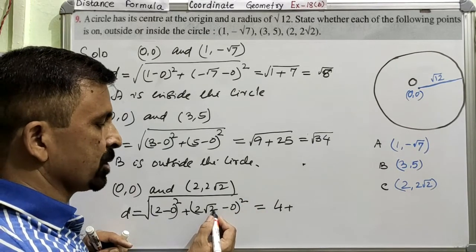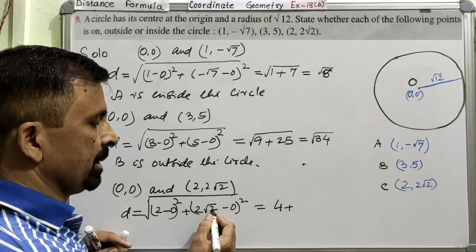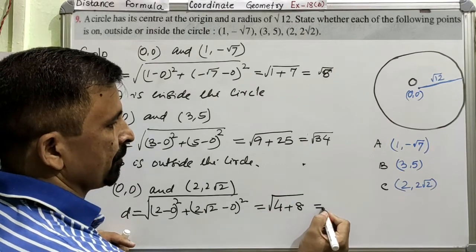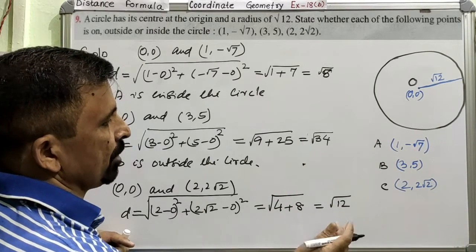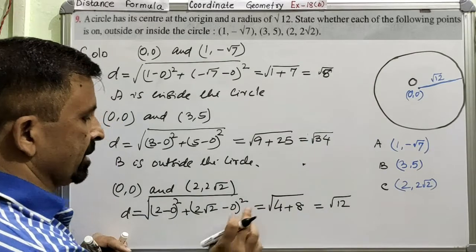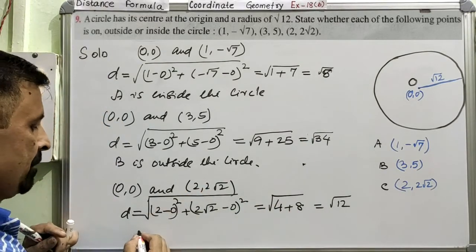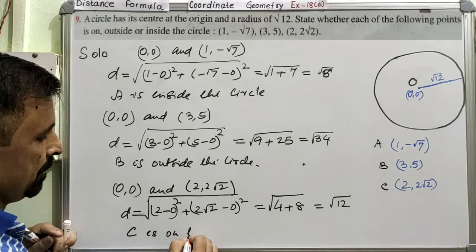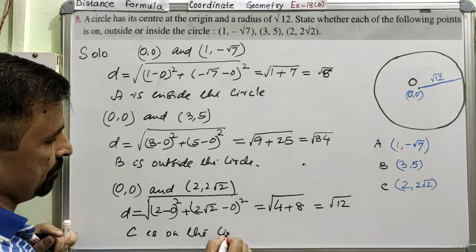So 4 times 2 is 8, and therefore this is equal to root 12. Now look here. This has become same as this one. That means this point is on the circle. Therefore we can say C is on the circle.